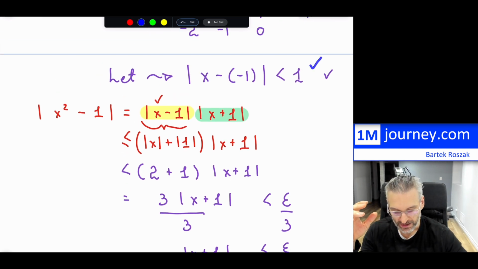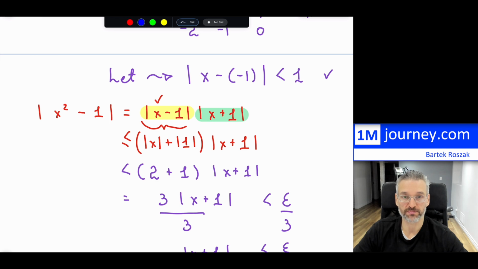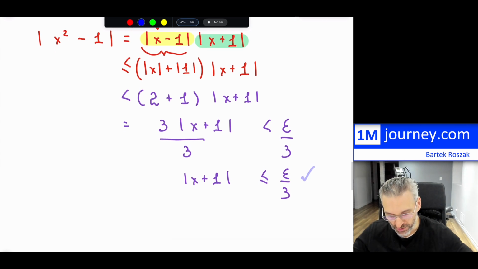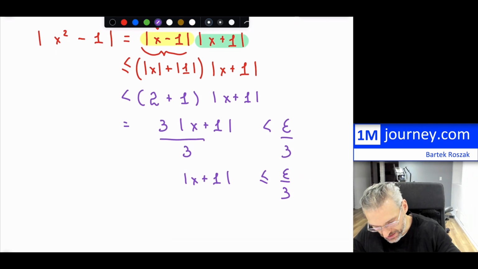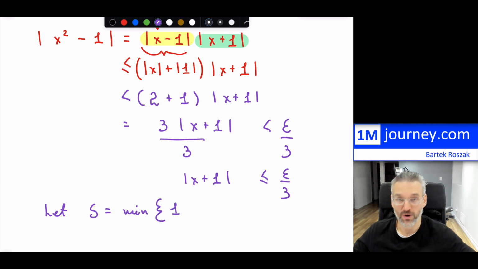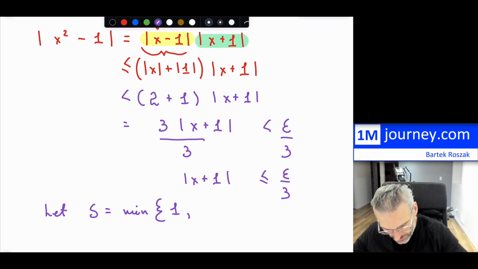So right here. Now, what happens if x is not necessarily just bounded within here, it could be bigger? How do we take care of that? How do we know that this might work? Well, what we will do is we will simply say, let our delta be equal to the minimum of what we have chosen. Either 1, so if it goes beyond, we'll just make it smaller, or epsilon over 3.